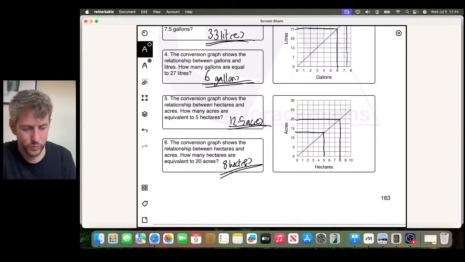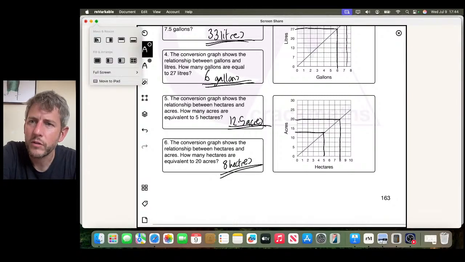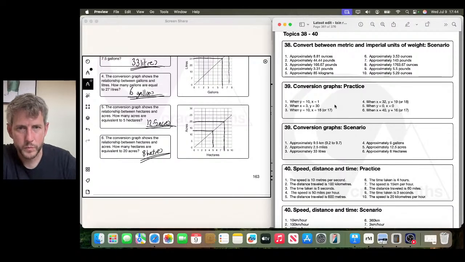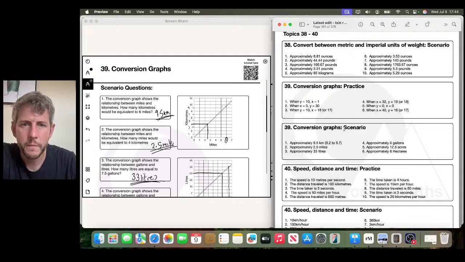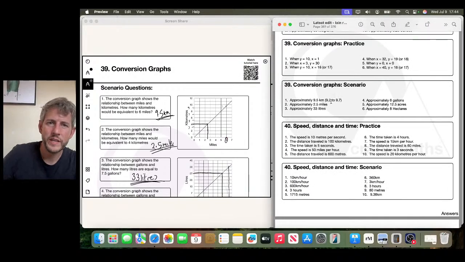Okay, great. Right, so let's get these marked. Okay, and we can move on. Right, we did the practice ones already. So here's a scenario. This is nice. I've given a little window here.